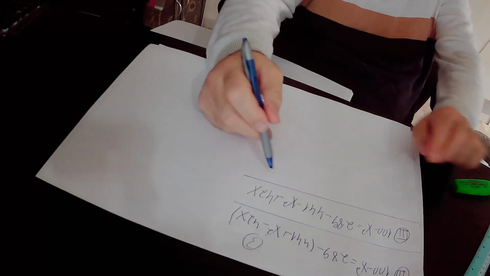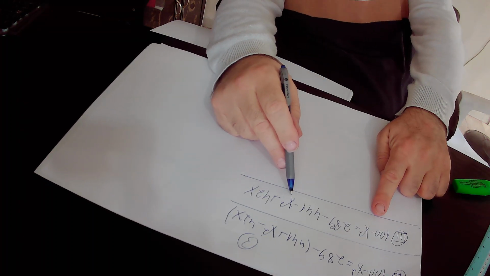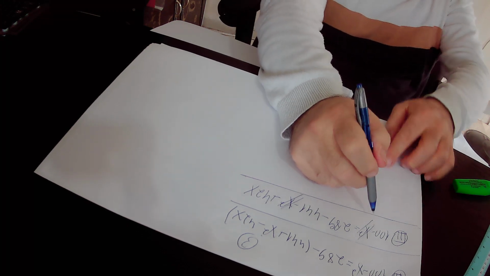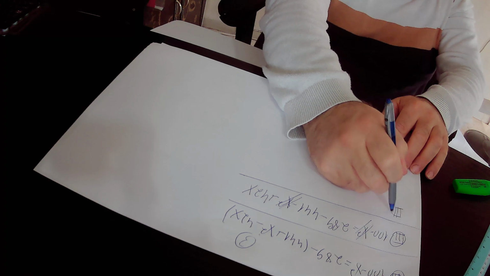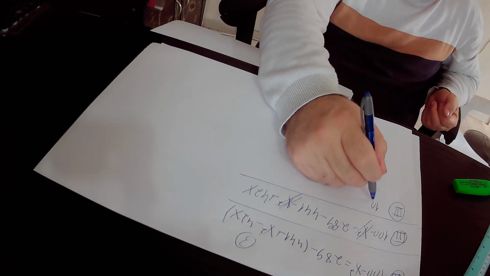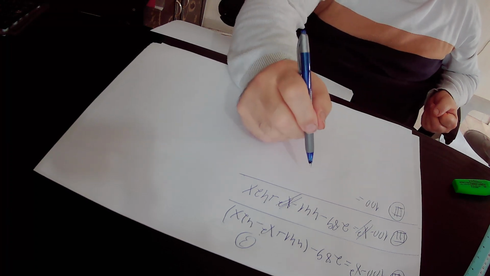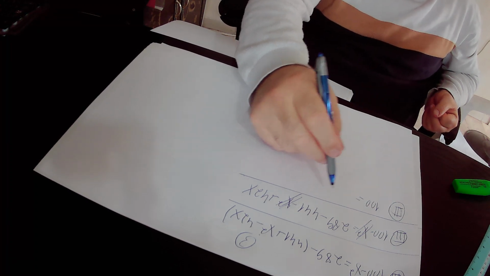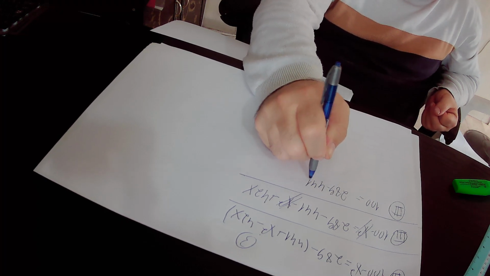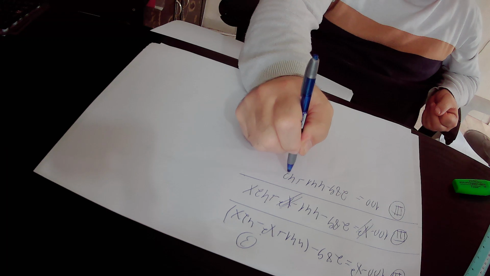So here we have minus x squared on both sides of equation 3, so minus x squared cancels. After we cancel minus x squared, one side of equation 3 is left with only 100, and the other side is left with 289 minus 441 plus 42x.